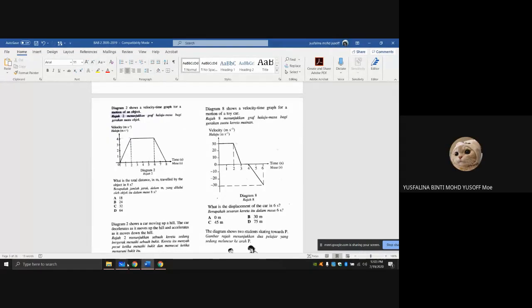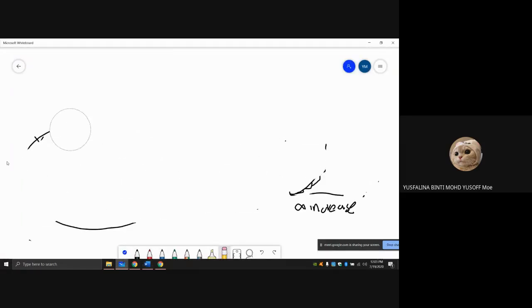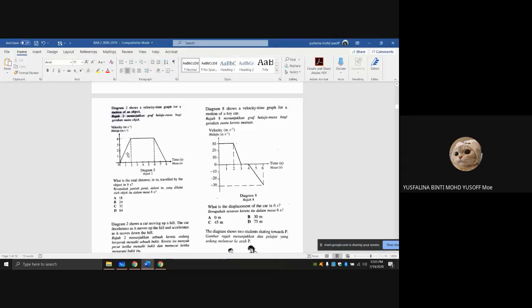This one is a triangle, right? They say you can divide it into three parts: triangle, rectangle, and triangle. If not, it's better to use the trapezium formula.